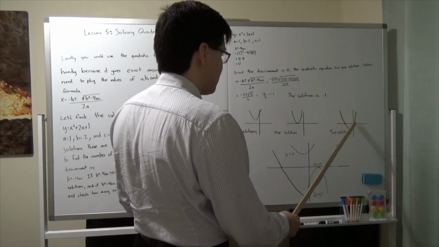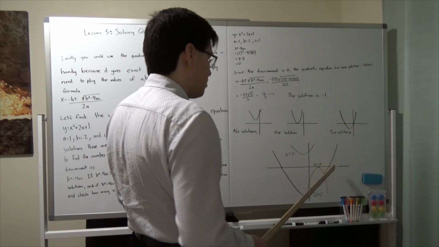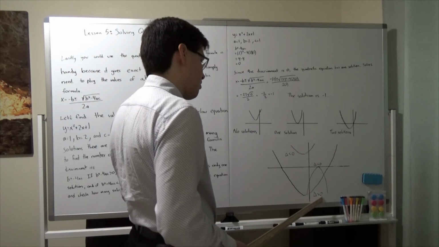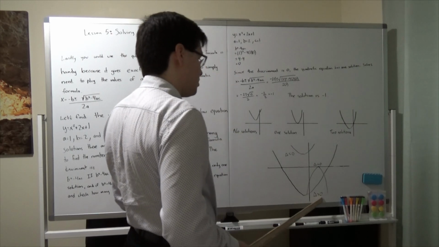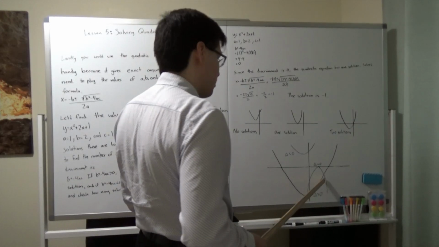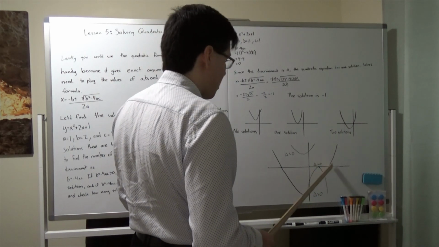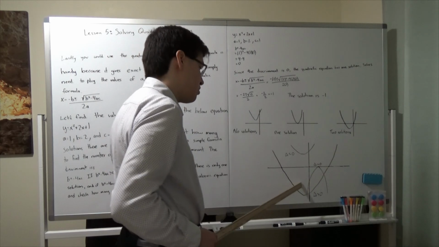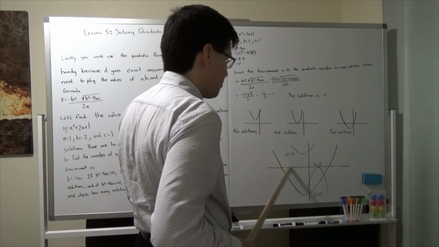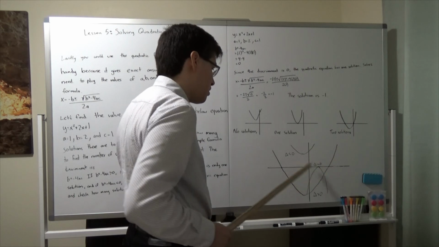Where it intersects the x-axis at 2 points, the discriminant is greater than 0. So the discriminant is positive. And because the discriminant is greater than 0, this parabola has two zeros, or two solutions. Here and here.